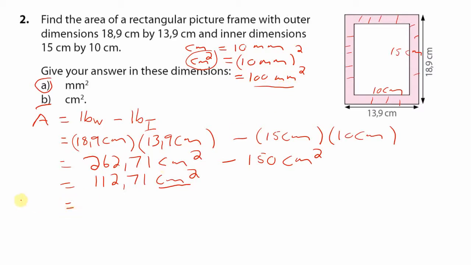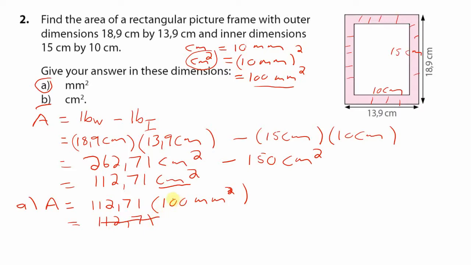So in fact, for number A, we have that the area is 112,71, not centimeter squared, but in its place 100 millimeter squared. So we have now 112,71 times 100.